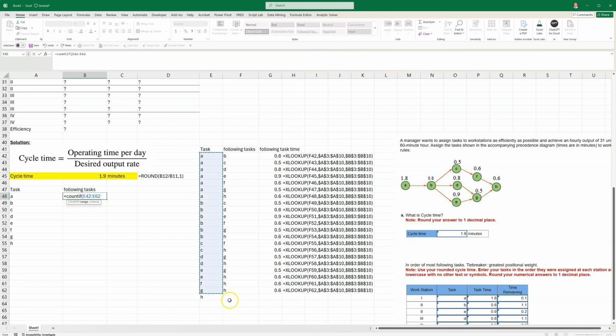H doesn't have a following task. So we want to count how many following tasks. Oh, this makes sense in a second. I'm going to F4 that because I don't want it to move when I copy it down. And we want to count how many A's are there, right? And there's 7. You can count, there's 7 A's. And then I can scroll this down. And so that's all our following tasks.